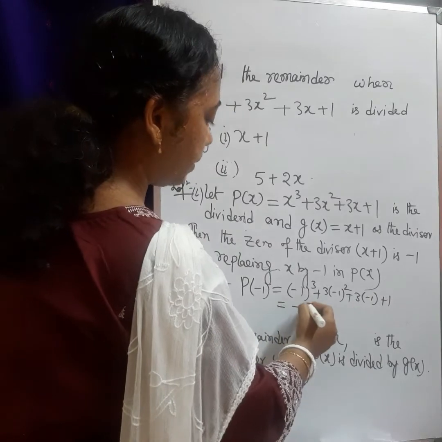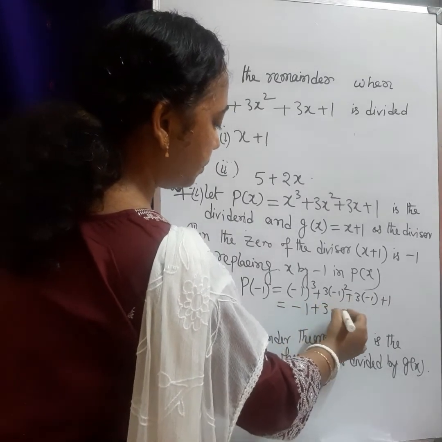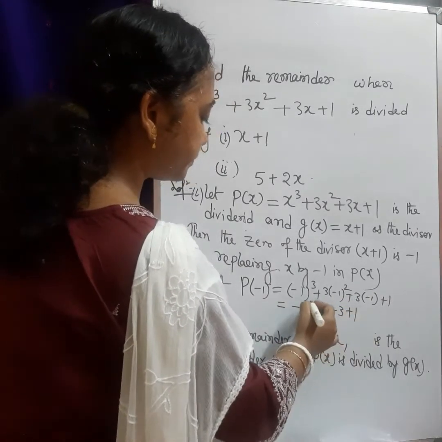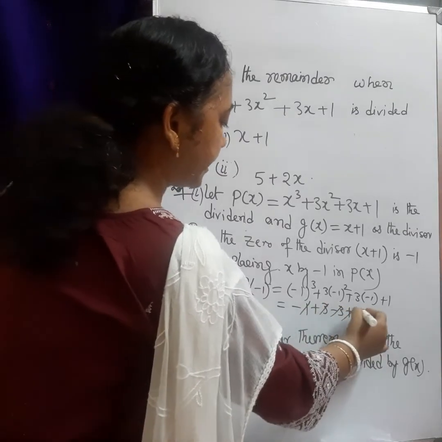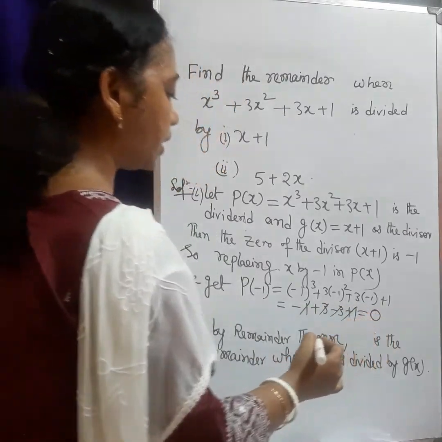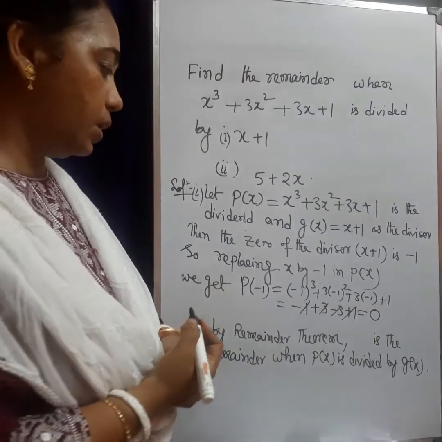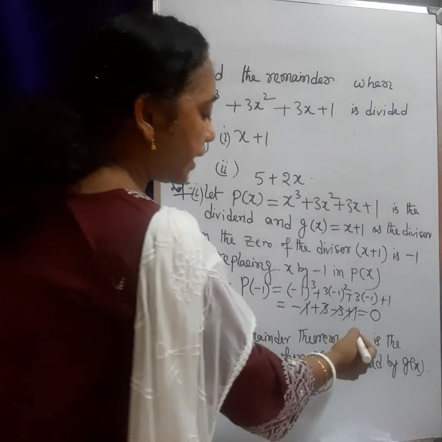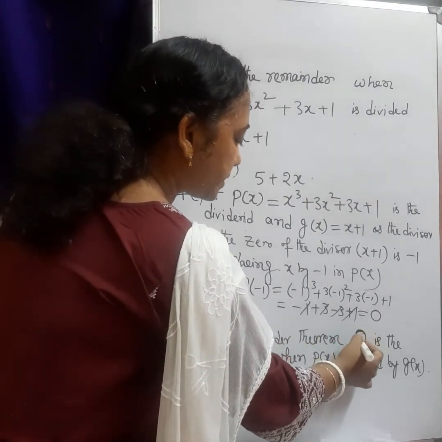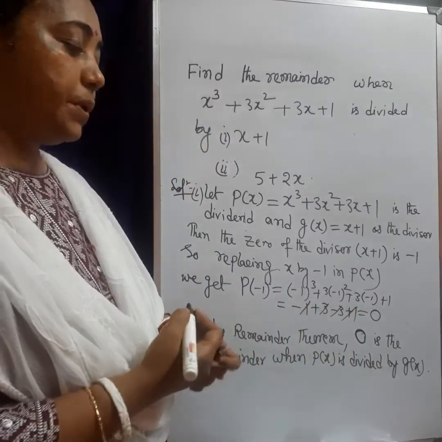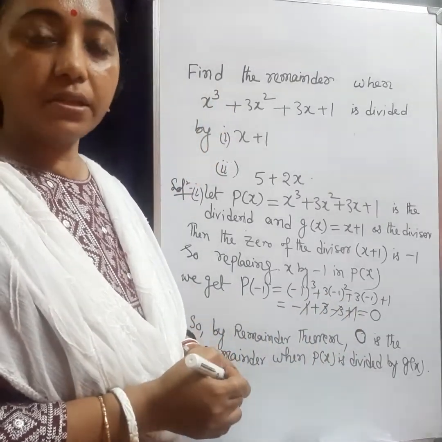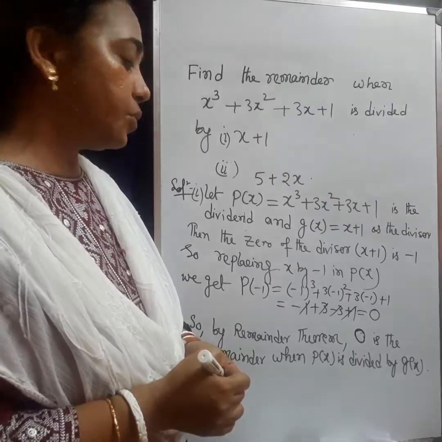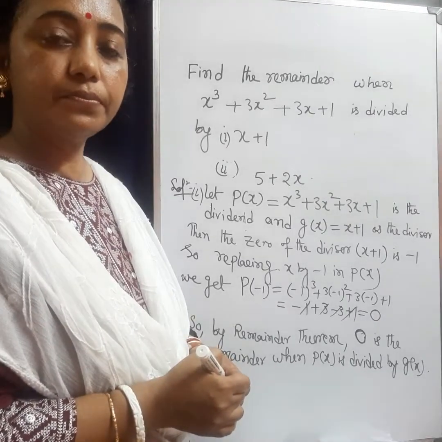So this becomes minus 1 plus 3 minus 3 plus 1. Here we are getting the value of p(minus 1) is equal to 0. So by the remainder theorem, we get the remainder 0. 0 is the remainder when p(x) is divided by g(x).